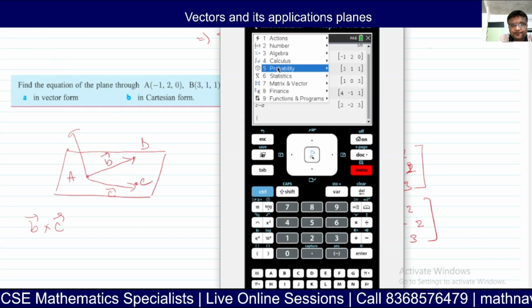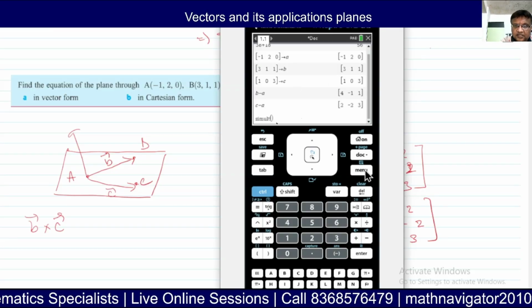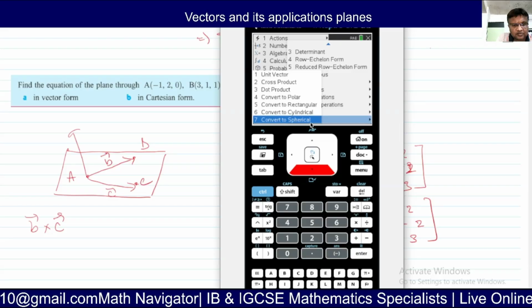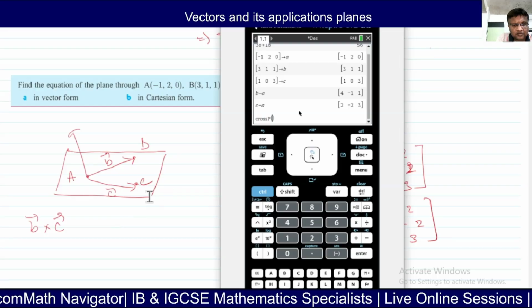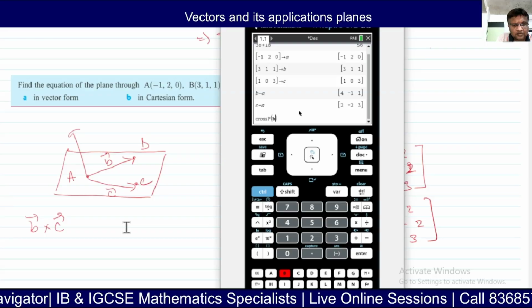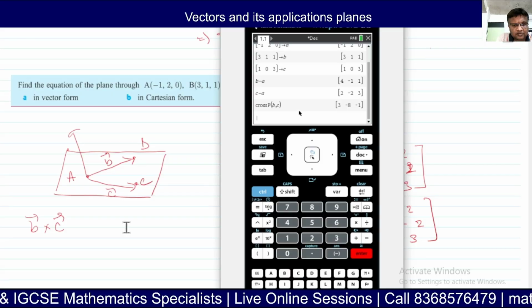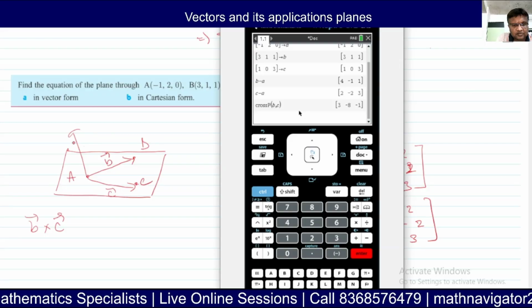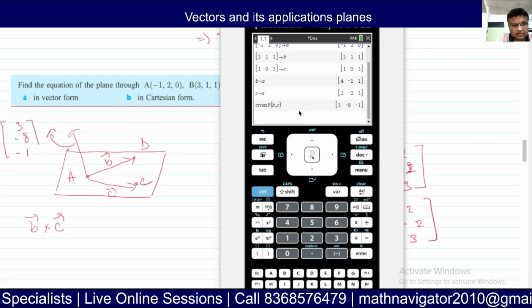So menu, matrix, vector, cross product, right? So cross product of vector B comma vector C and hit enter. So 3, negative 8, negative 1. This vector is 3, negative 8, negative 1. Perfect.